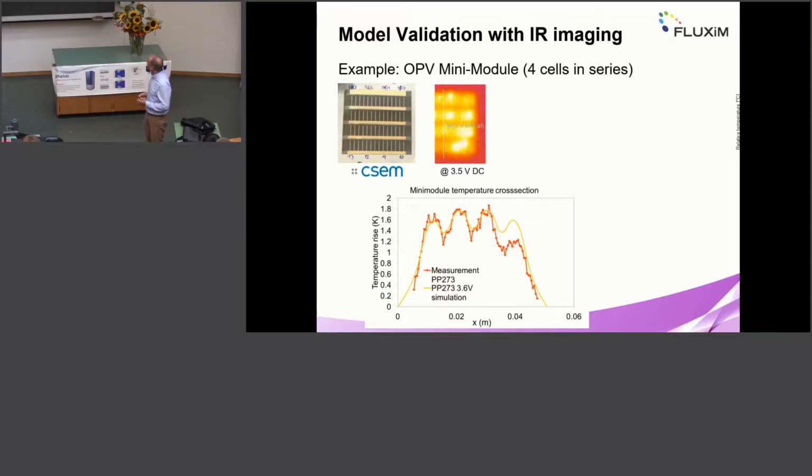So the shape overall is nicely reproduced, and in this other direction there is some variation. Here is a bit hotter than on the left, so that's more related to the fabrication uncertainties, that these OPV cells are not identical everywhere. But for us it was just nice to see that the overall shape could be reproduced by the simulation.